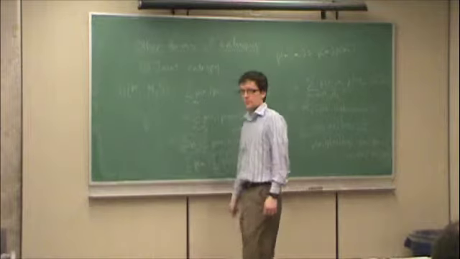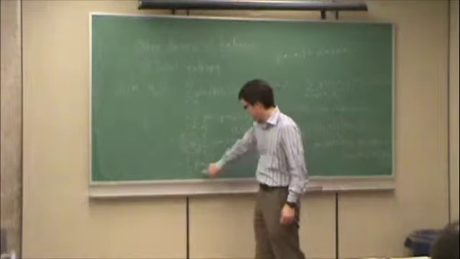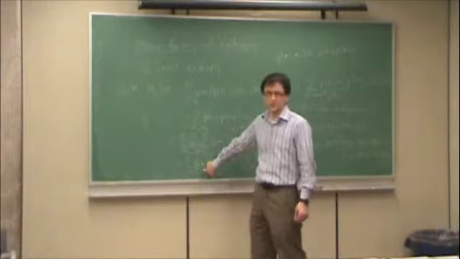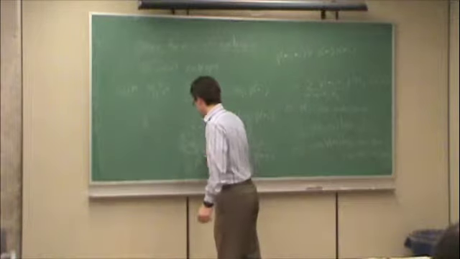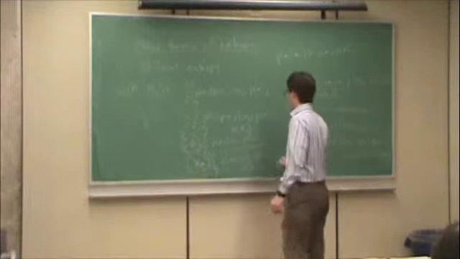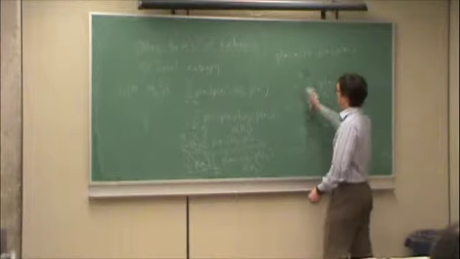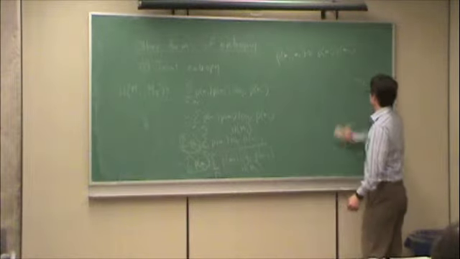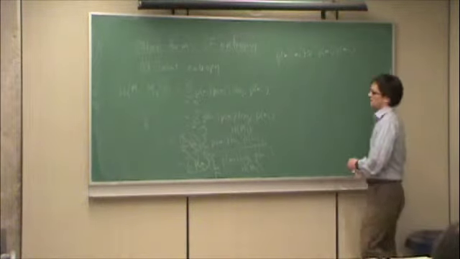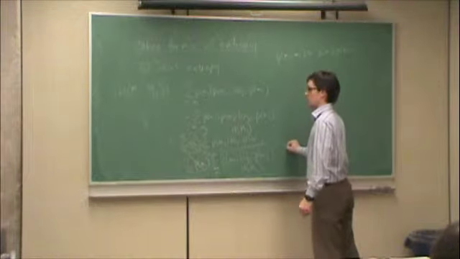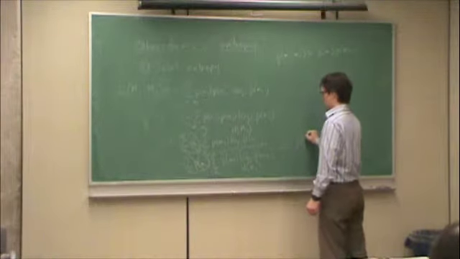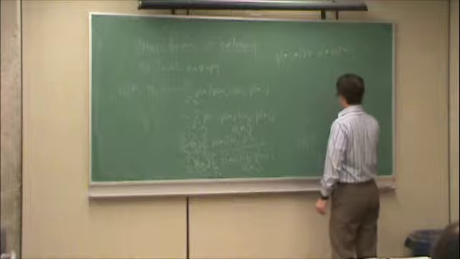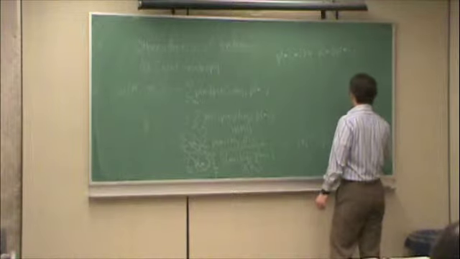Again, that's a constant times the sum over all possible messages of M1. That sum is also equal to 1. So what I end up with is that h of M1 and M2 is equal to h of M1 plus h of M2.